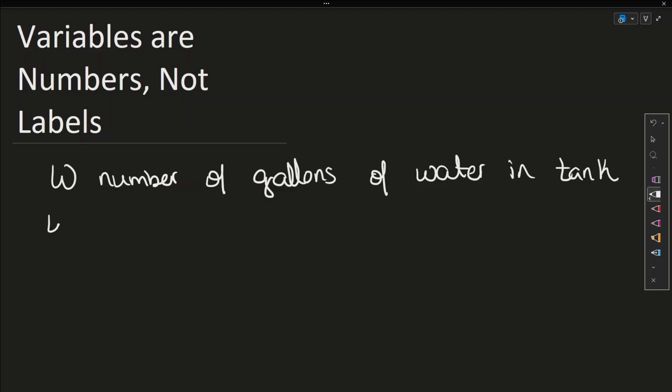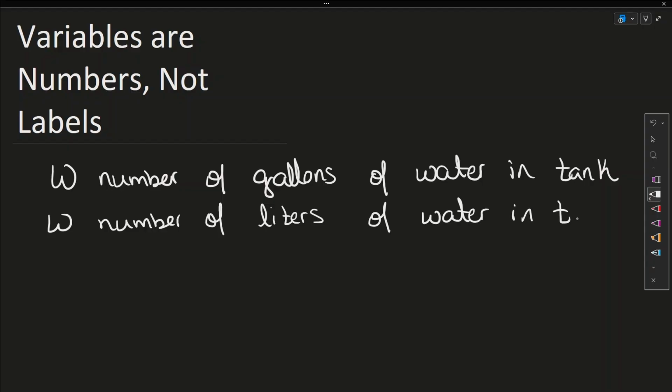We could also let W be the number of liters of water in the tank. Both of these definitions could work, but that unit matters. Gallons and liters are different units, so we need to be clear.